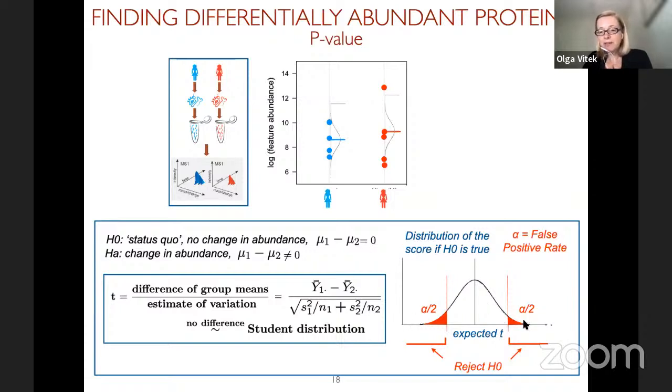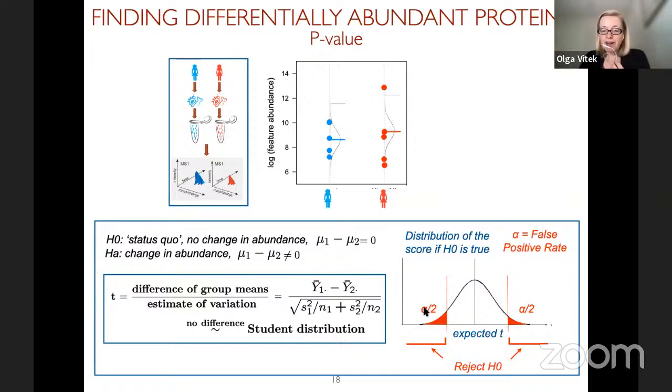And this is where the probabilistic interpretation is helpful, because this is a probability distribution. So the area under this curve corresponds to the probability. So we can specify alpha, which is a false positive rate. It's the probability of false positive, so the probability of rejecting the null hypothesis when we shouldn't.